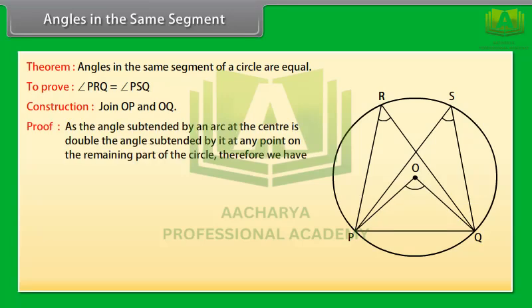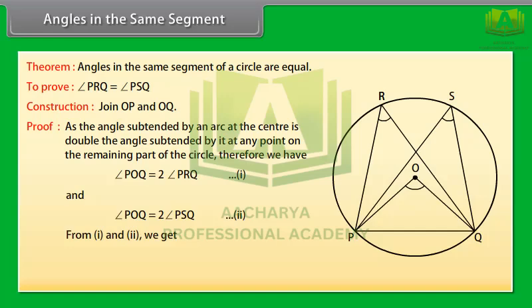Proof: as the angle subtended by an arc at the center is double the angle subtended by it at any point on the remaining part of the circle, we have angle POQ is equal to 2 angle PRQ, mark it as 1, and angle POQ is equal to 2 angle PSQ, mark it as 2. From first and second we get 2 angle PRQ is equal to 2 angle PSQ. Therefore, angle PRQ is equal to angle PSQ.